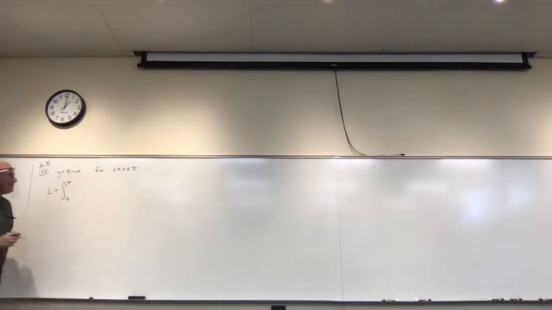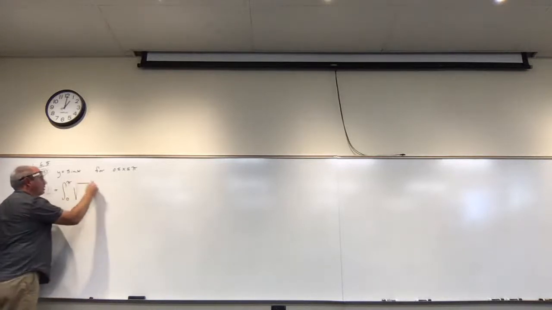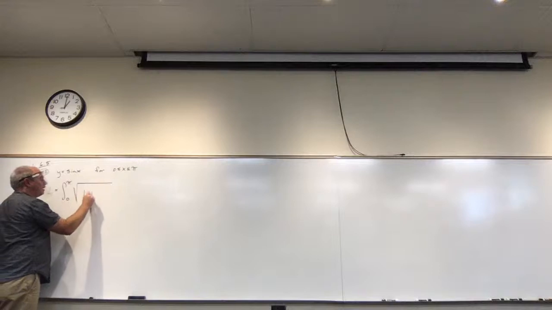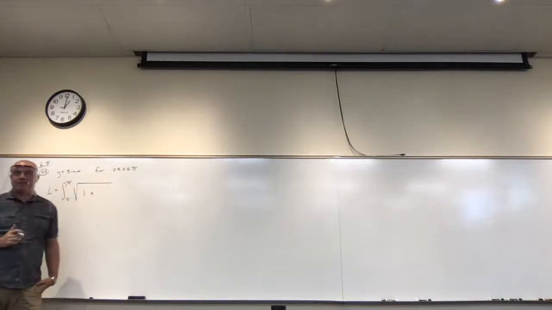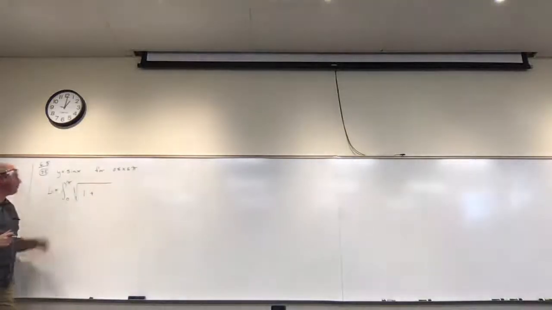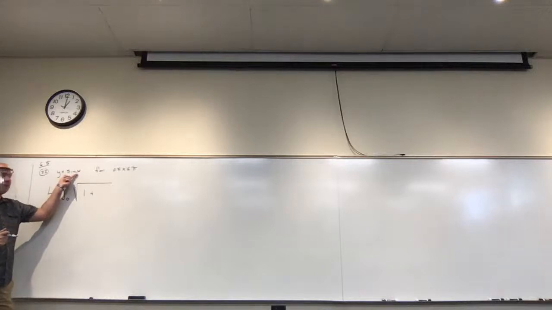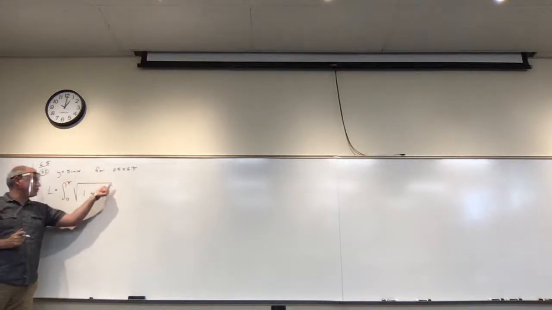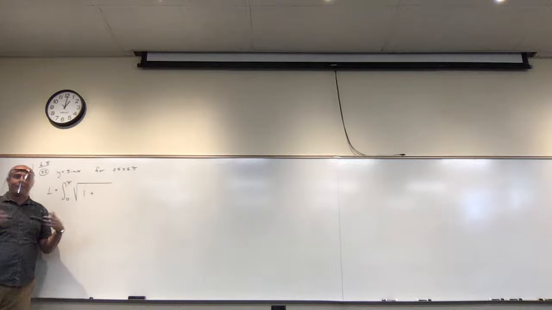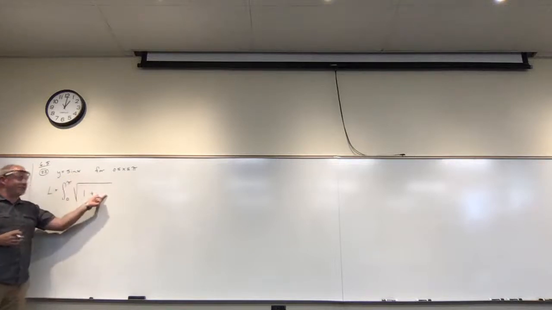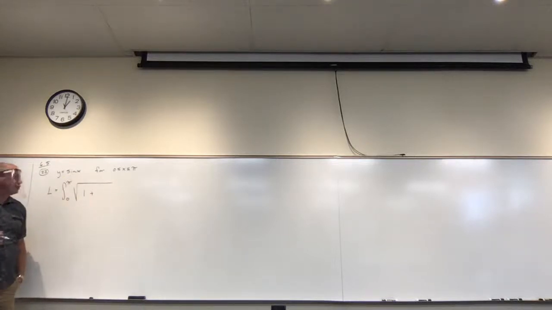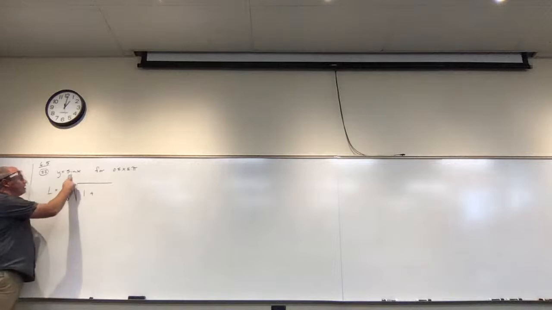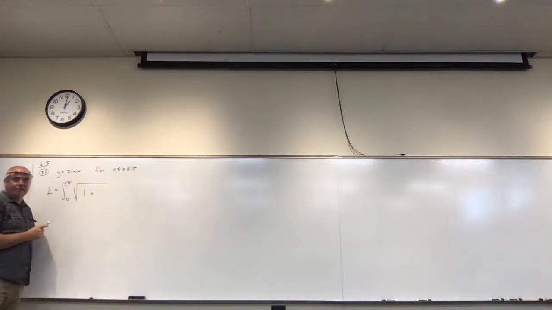The square root of 1 plus, and this is the part where it's easy to mess up if you're not careful, you want to take the derivative of this and put it in here and square it. If you're hurrying, it's easy to just put this in here and square it, and that's not as good. So what's the derivative of sine of x?